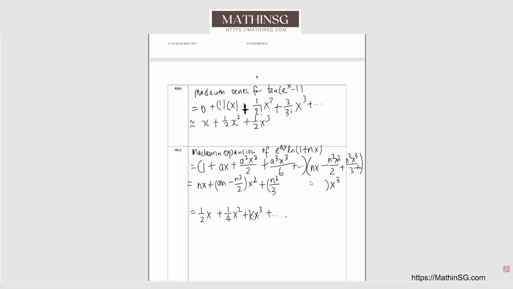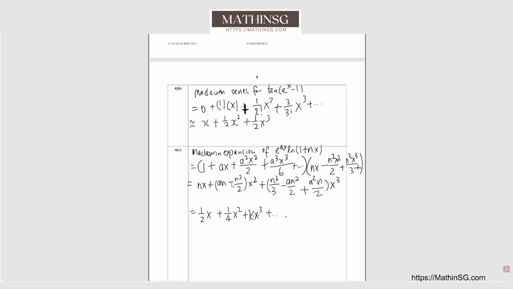Then I can also take ax times negative n squared x squared over 2, which gives me negative a n squared over 2. Then also to get x cubed, I can take this term multiplied by this term here, which will give me a squared n over 2 x cubed.